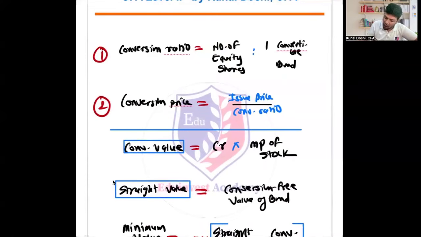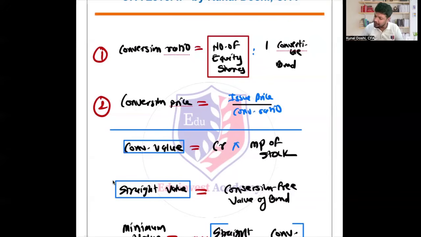Conversion ratio is basically the number of equity shares you will get for each bond. But when will this conversion happen? When it reaches the conversion price. Conversion price is basically the bond's issue price divided by the conversion ratio. So for example, let's say the conversion ratio is 25 and the issue price of the bond is 1000.